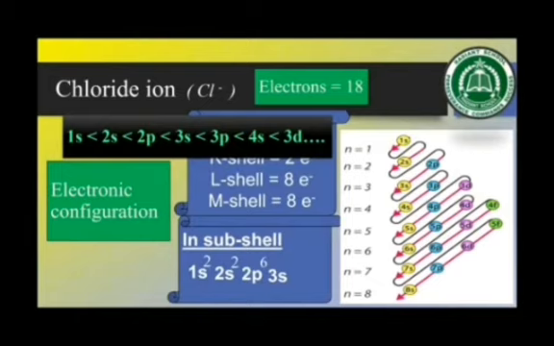How many electrons are left? 8 electrons are left. s can accommodate 2 electrons, so these are now 12. Then 3p. How many electrons are left? Yes, 6 electrons are left and they can come in the p subshell. So 1s2, 2s2, 2p6, 3s2 and 3p6. It is the electronic configuration of the chloride ion.